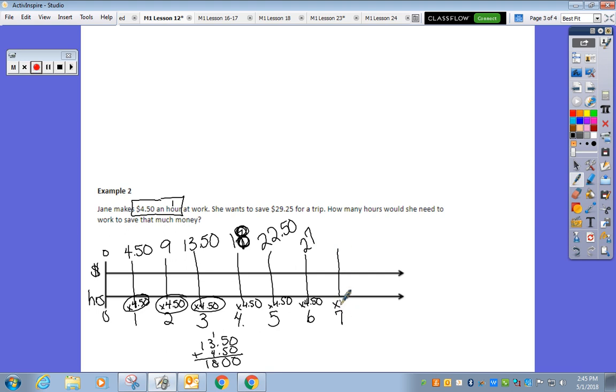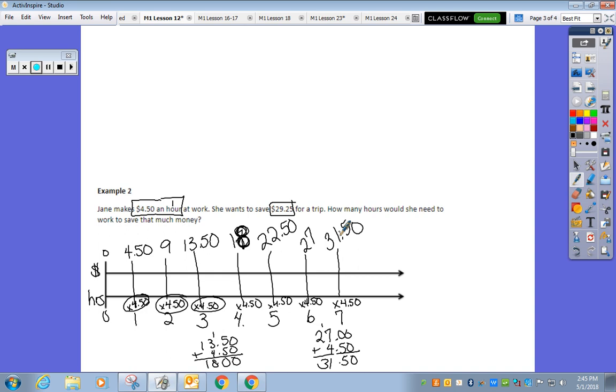For 7, doing some side math here to help me figure this out. I'm adding across the top, but I could also be multiplying. I get 31.50. So now, what I'm noticing is my 29.50 is falling somewhere between 6 hours and 7 hours.